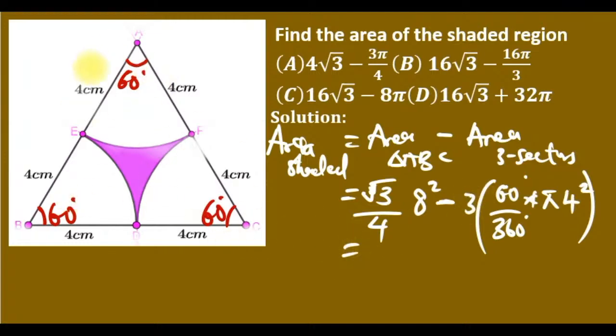They are congruent, 4 cm, 60 degrees each. So 64 over 4 is 16. So I have 16 √3 minus this, which is 180 over 360, so 4 squared is 16. Half of 16 is 8. So we have 8 pi. So our answer is option C.